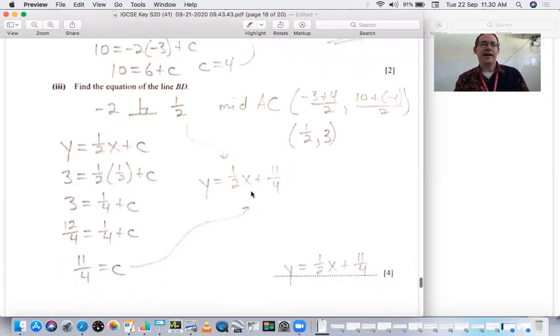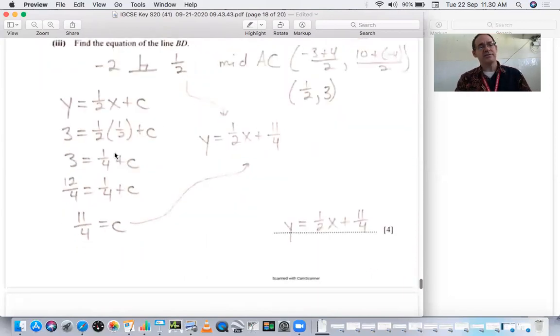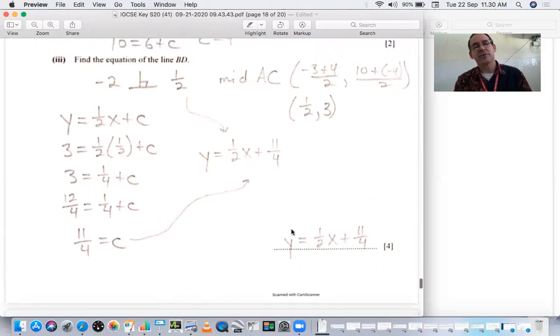So you plug in that for your x and your y, the 1/2 for x, the 3 for your y, and you can figure out that your c is 11/4, and that then is your equation for BD. So it is perpendicular to AC, and it goes through the midpoint of AC.